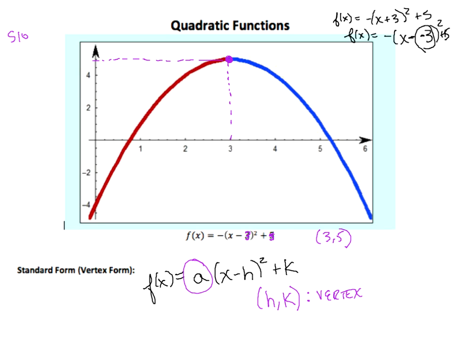So the sign of A: if it's positive, it opens up, and if it's negative, it opens downward, like that.